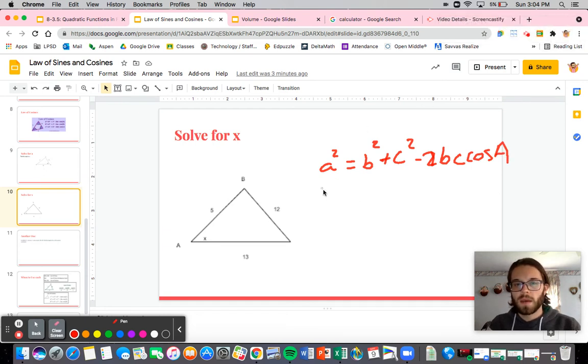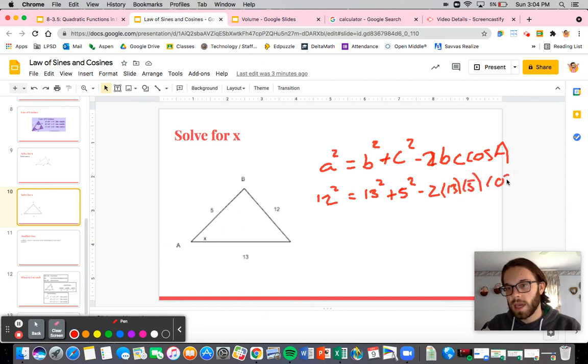Okay, so what do we have? A squared is 12 squared. Now this is one that you do want to simplify as much as possible. B squared is 13 squared. C squared is 5 squared minus 2 times 13 times 5 cosine A. Okay, so this is 144.